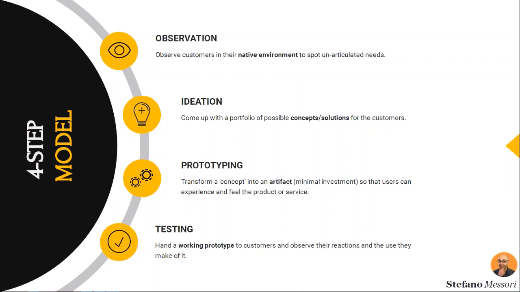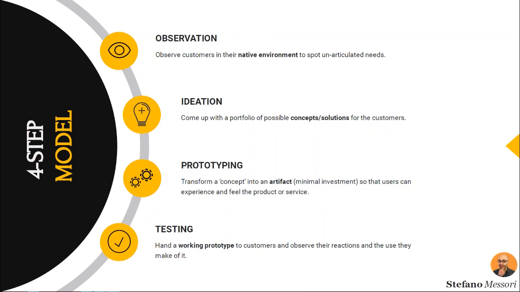And after you have prototyped two or three different models for that original idea that you had, you go out and test that prototype, what we call a working prototype. It's something that you can actually show to your user, and the user can actually engage with it. And then you observe the relationship established between the user and your prototype, and try to understand what can be improved, or what you didn't get right.